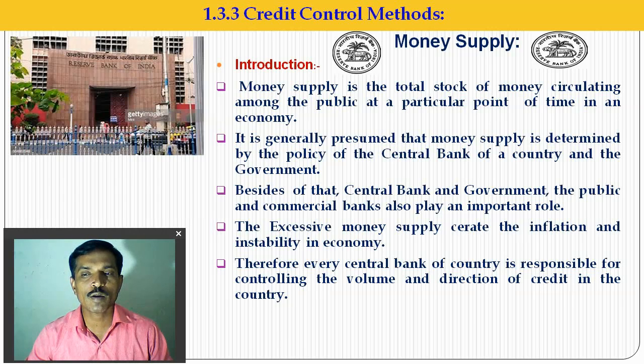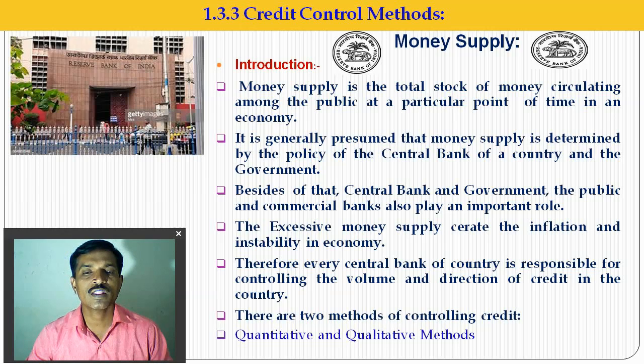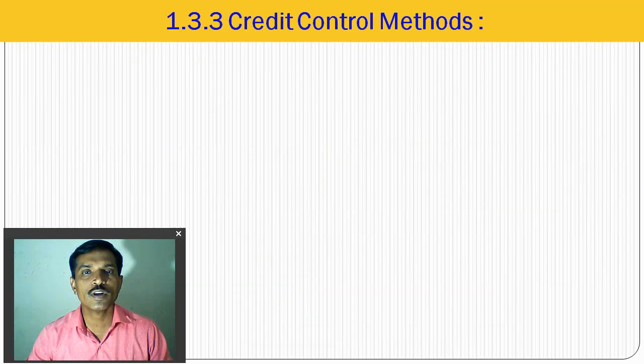Every central bank of a country is responsible for controlling the volume and direction of credit in the economy. So they use various methods. There are two methods used in India by the RBI: quantitative and qualitative methods. So let us begin with these two methods.